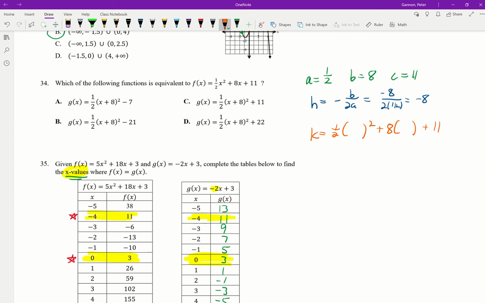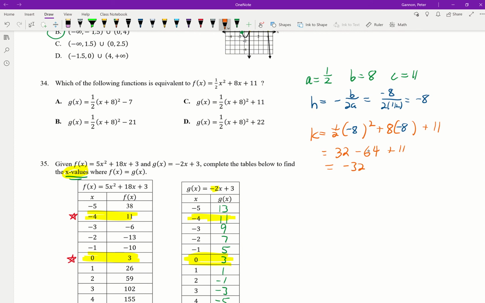So the value that we're plugging in is negative 8. All right, negative 8 squared, that's 64. Half of 64 is 32. 8 times negative 8 is negative 64 plus 11. You know, we did talk about when you find k, the first number is always half the second number with opposite signs, and that holds true.